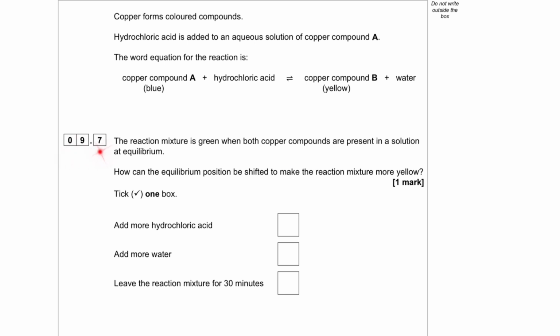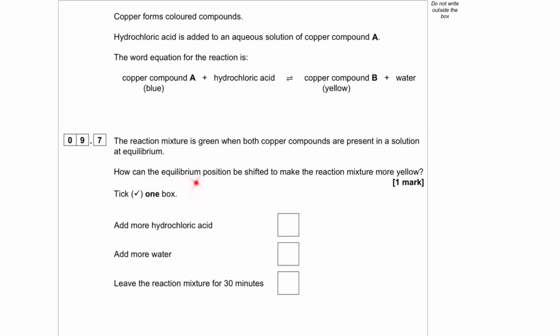Question 9.7. Copper forms colored compounds. Hydrochloric acid is added to an aqueous solution of copper compound A. The word equation for the reaction is copper compound A, which is blue, plus hydrochloric acid in equilibrium with copper compound B, which is yellow, plus water. The reaction mixture is green when both copper compounds are present in a solution at equilibrium.